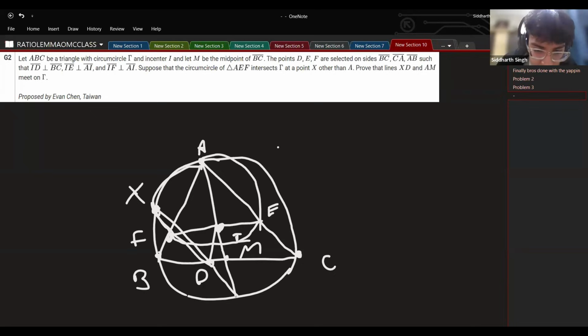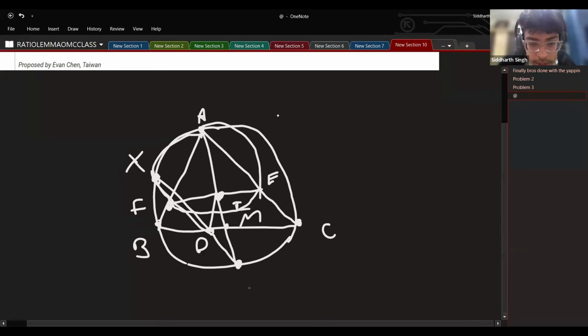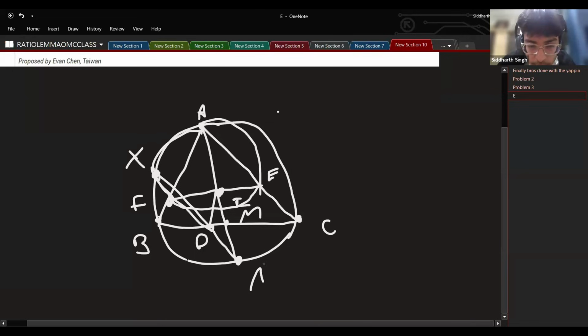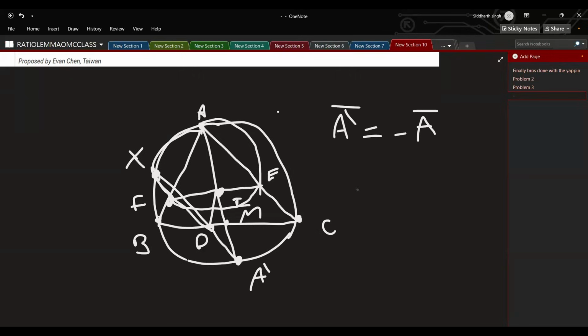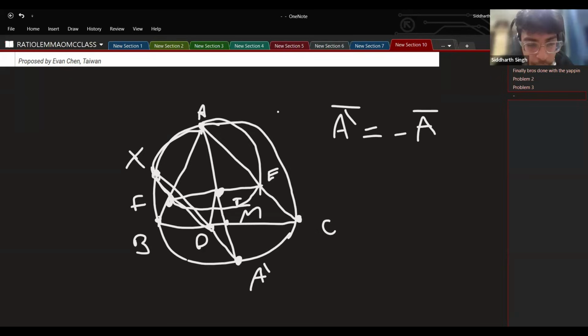So basically, if AM intersects the circle at some point, say A dash, then it's easy to show that A dash bar is equal to minus A bar. Now we want to show that XA dash intersects BC at D. Oh wait, no, this is not true actually.